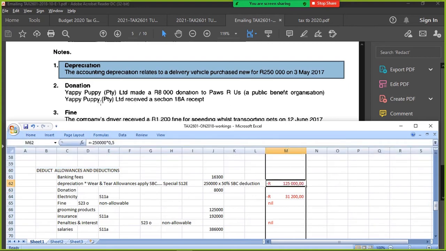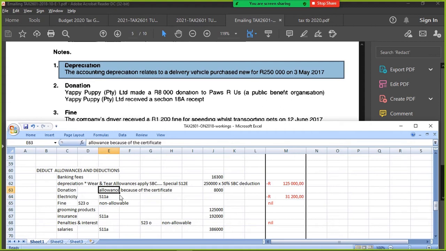Okay, the donation. Y made an 8,000 donation to Paws R Us, a public benefit organisation, and received a Section 18A receipt. This you just need to check in terms of the whole 10%. So the donation of 8,000 is allowable because of the certificates.